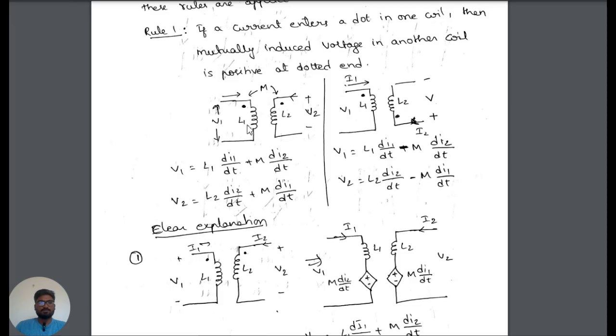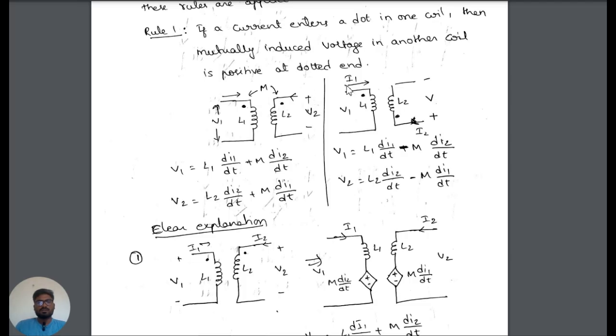This is the entering case. If the current enters into the dotted inductor, then the coupled coil's dotted terminal will be marked positive.